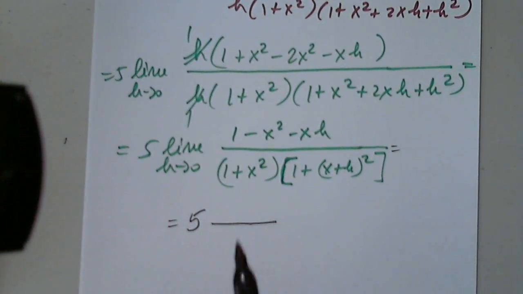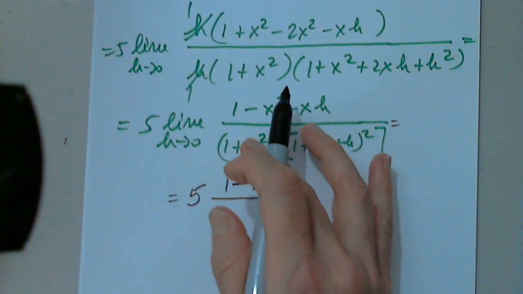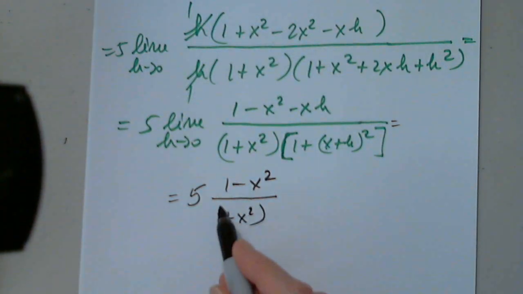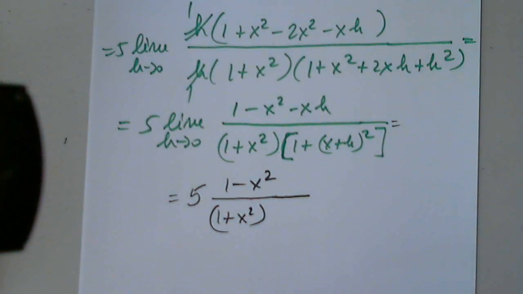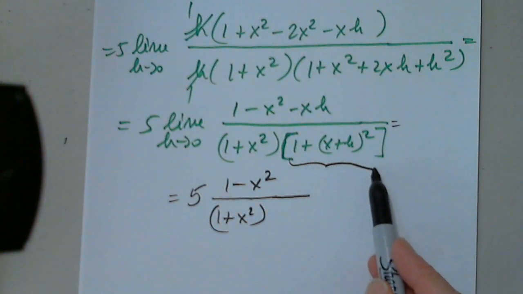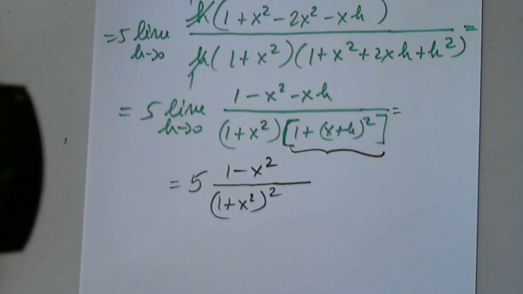So what we have in the numerator and what we have in the denominator. 1 minus x squared. Perfect. I have to copy the 1 plus x squared. And here, what do I get? One plus x squared. Good. That's it. As I mentioned, not a friendly function.